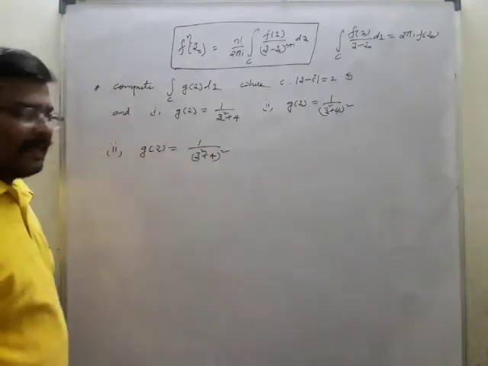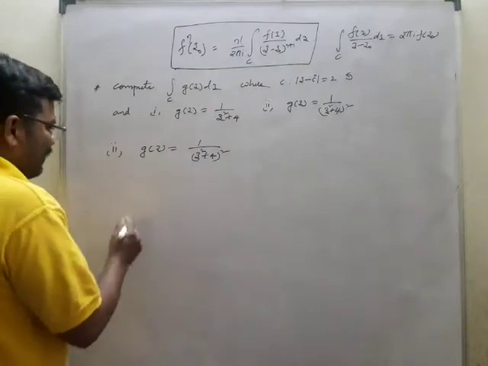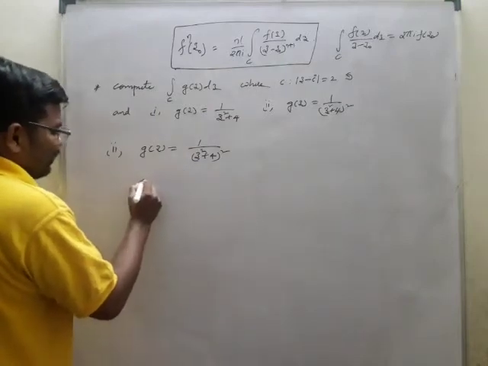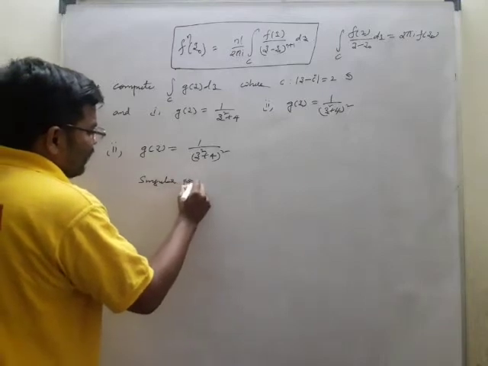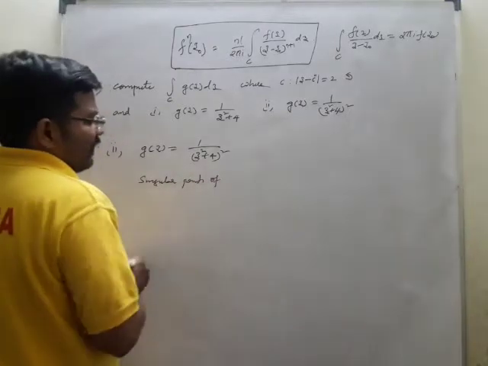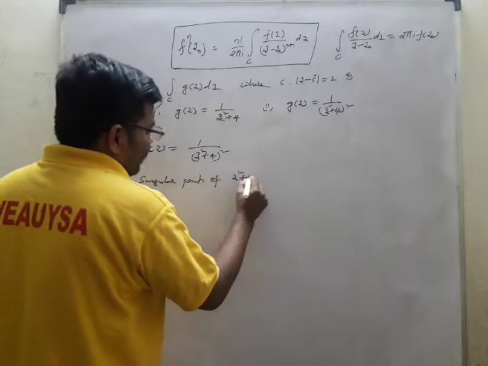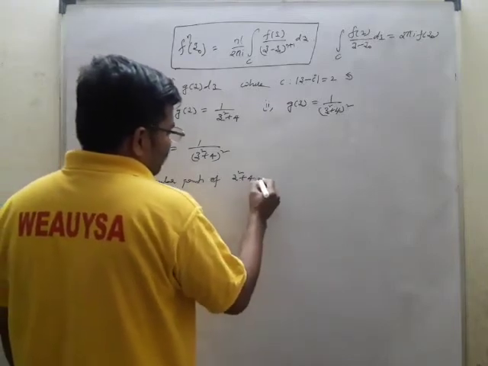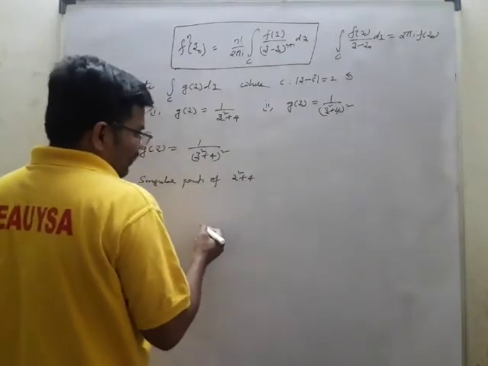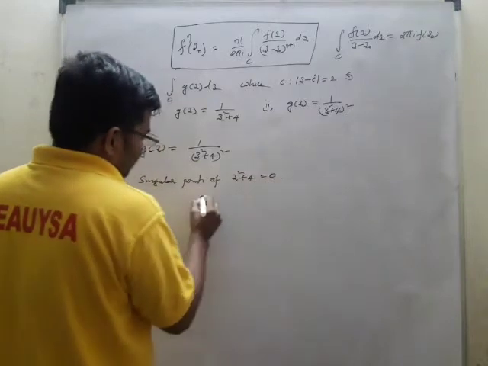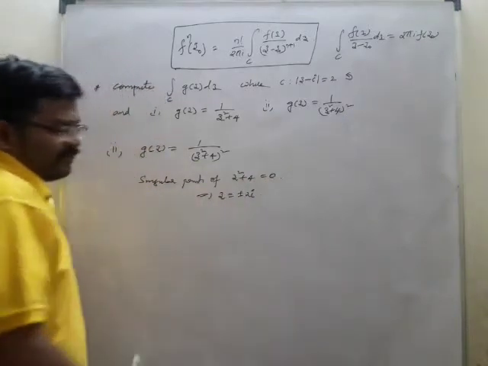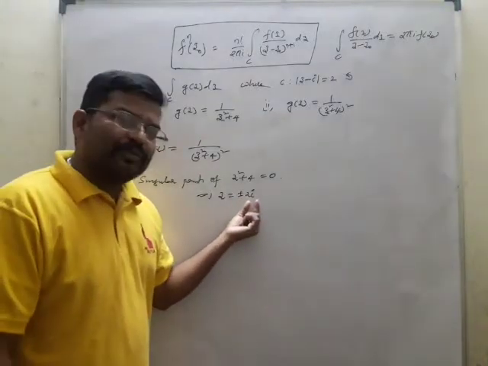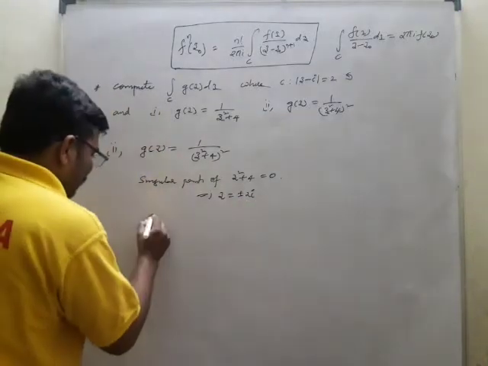Already we have found the singular points: z square plus 4 is equal to 0, that is z is equal to plus or minus 2i, and we have seen that only 2i lies inside the circle.